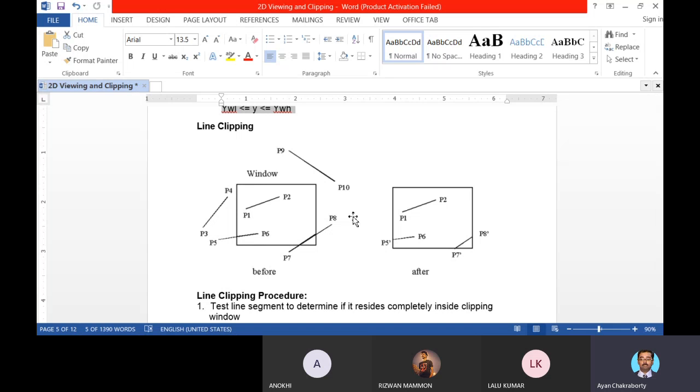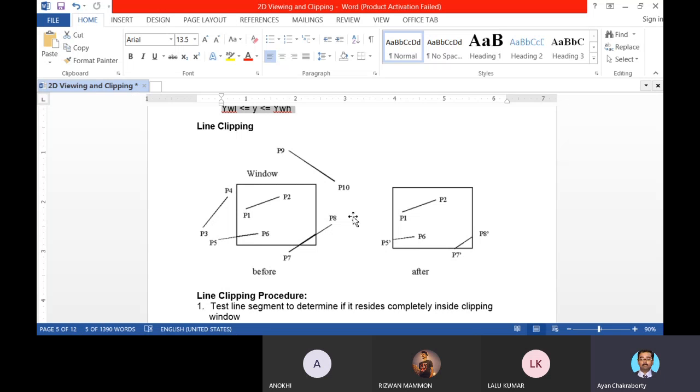So how are we going to determine it? According to the equation of the straight line P7 P8, it will be compared with the equation of the four sides of the window frame.